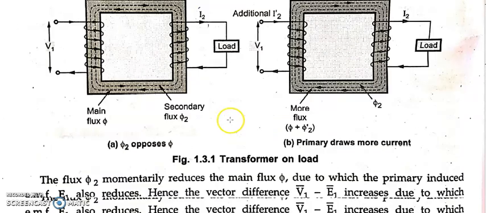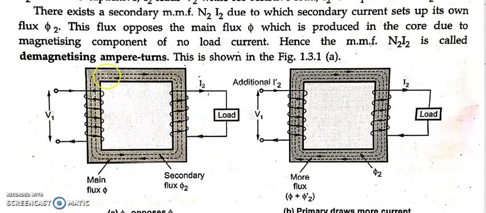Let us see the transformer. When the secondary circuit causes demagnetization, then your MMF in the primary side, N1 into I1, will also reduce. Yes or not? N1 and I1 combined are producing the main flux phi. And now what happened?